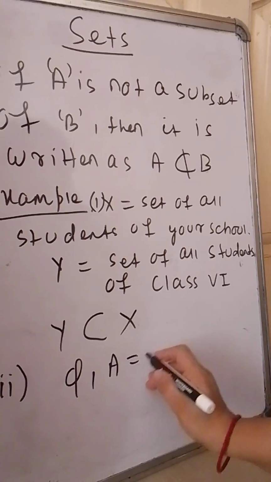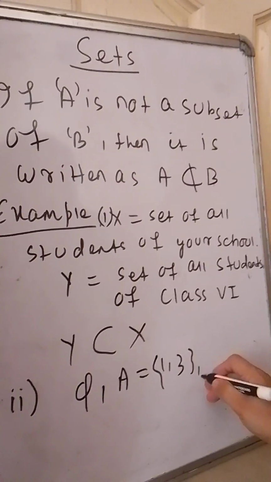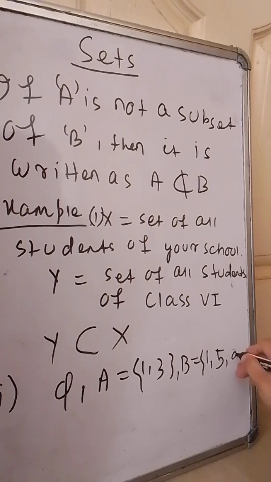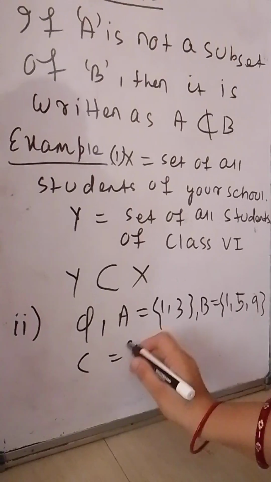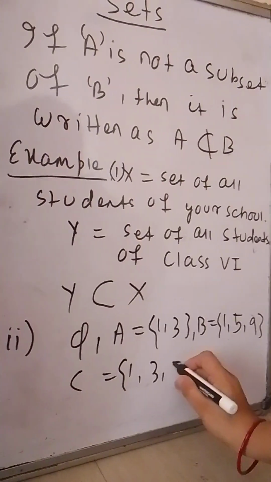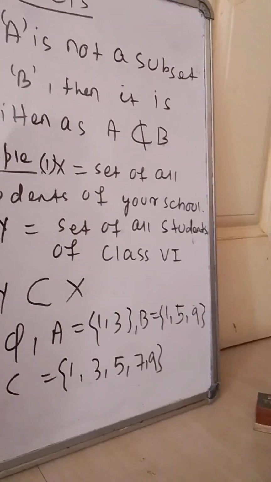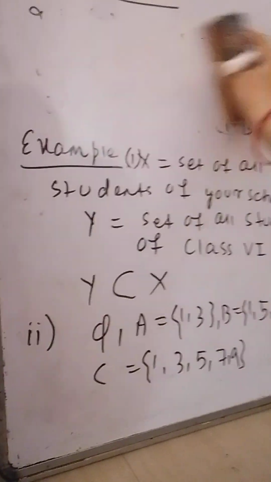Another set A, let us take the elements 1, 3, and B is a set of elements 1, 5, 9, and C is a set of elements 1, 3, 5, 7, 9. You find out which sets are subset of which set and which are not.